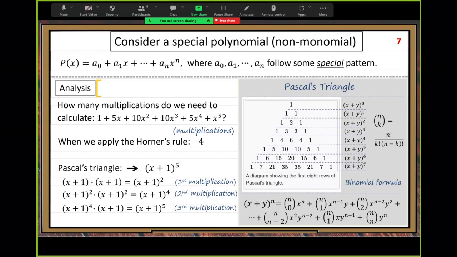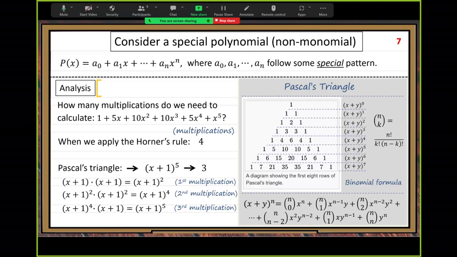Third multiplication. Although we just save 1 here, from 4 multiplications to 3, we do better than Horner's rule.